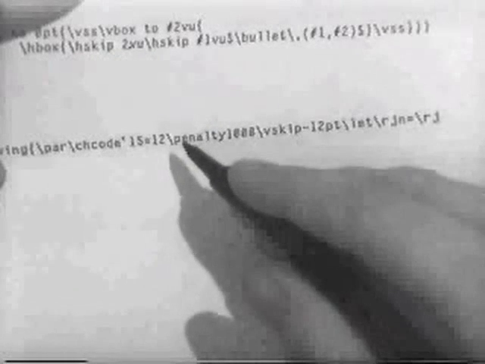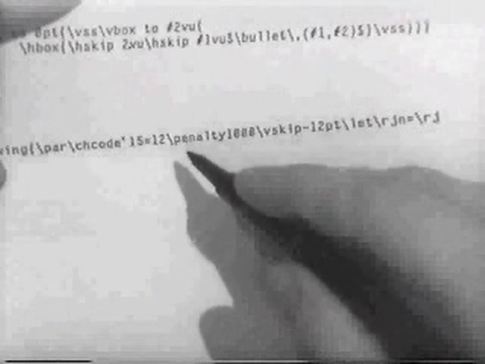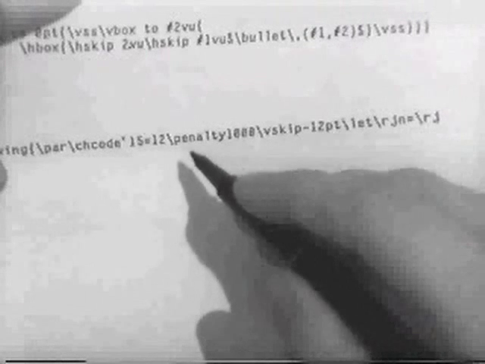Then after it changes the code, it does this vskip minus 12 points. That's because it's going to turn out, and I still don't know exactly why. Oh, I do, but the very first line is going to be blank. So it printed out one blank line, and this backspace is over the blank line.